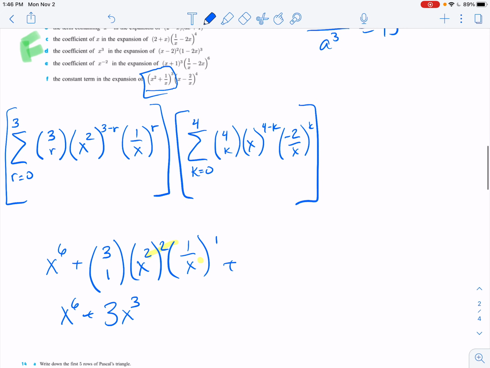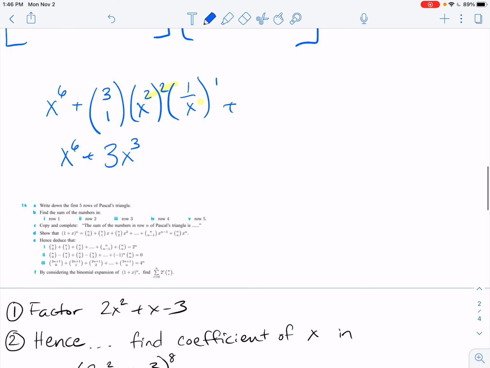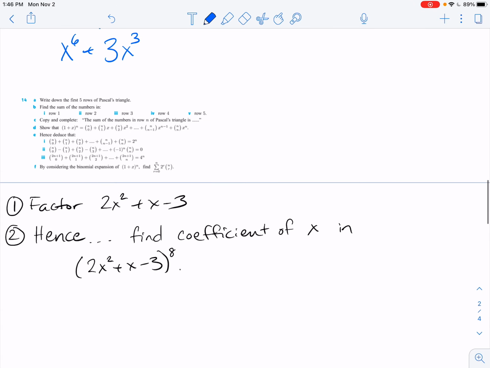I don't think you want to see me do every little bit of that, because what could happen here, the constant term, we could have an x to the third in this piece right here multiplied by something that's 1 over x to the third, and then those would cancel. So it's going to get kind of messy. So let me think about that again. So we'll get you started on some of this, and then I'll go back and see what I can do for you. Write down the first 5 rows.